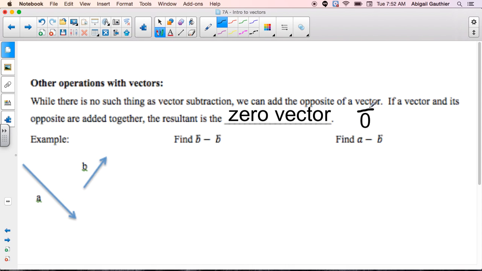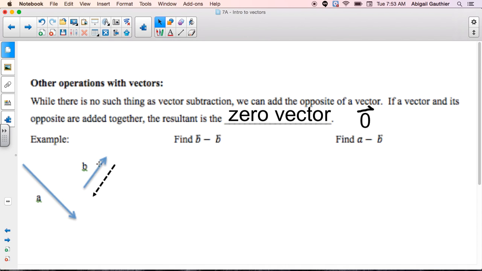So for example, what we're saying there is if this is b, then negative b goes in exactly the same distance but in the opposite direction. So this guy right here would be negative b. And they undo each other. It's like if you walk 3 paces forward and 3 paces back, theoretically you are in the exact same place.